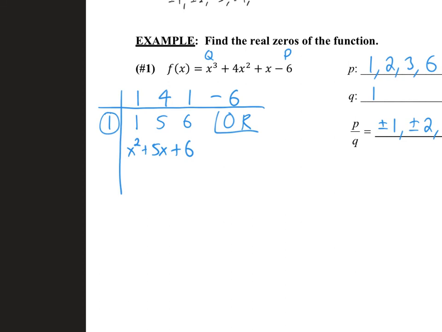So now our new equation is x squared plus 5x plus 6 times x minus 1 equals 0. Remember, for x minus 1, if you just want to solve it and say it's equal to 1, that's fine. We know x equals 1 for this one. That's totally okay, but I like to write out all the factors just to make sure I don't miss anything.